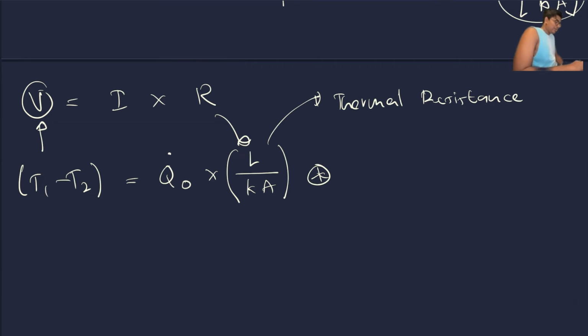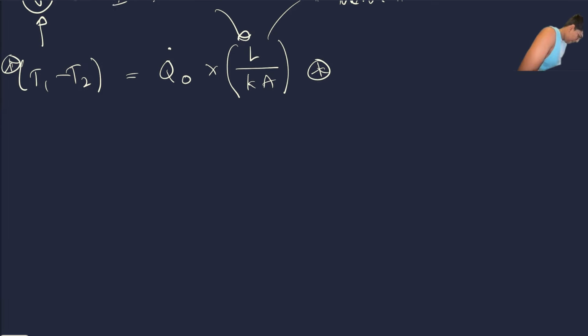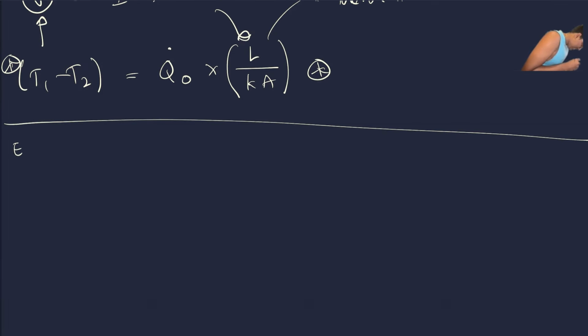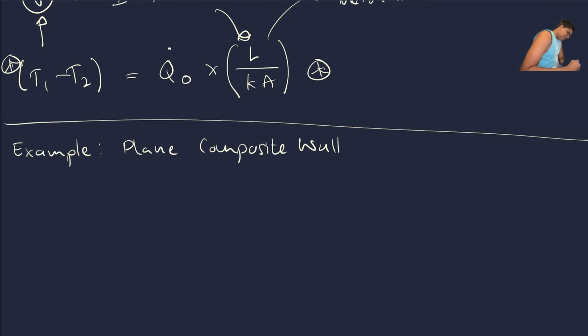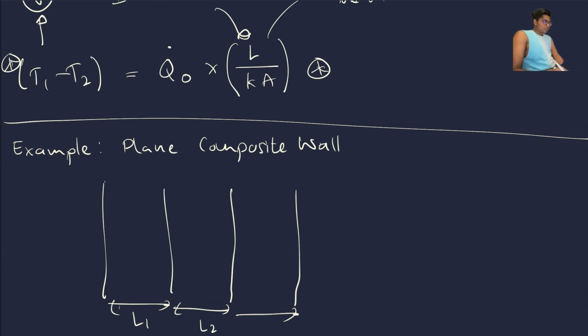Now let's dive into a nice example of a plane composite wall. We have one wall of thickness L1, another wall of thickness L2, a sandwich panel I would say, and L3, another thickness. So we have three thicknesses.